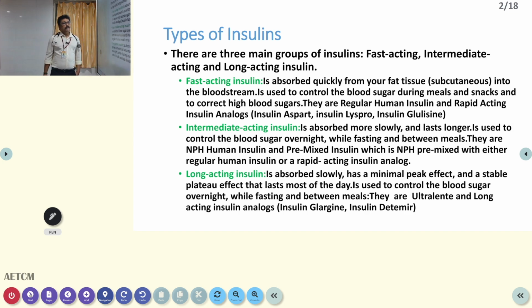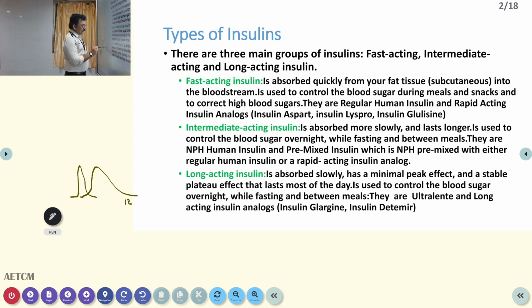So there are three different types of insulin. One is fast acting. For example, you give insulin and within half an hour the peak action occurs. Within a maximum of 1 or 2 hours, and up to 6 hours, the action will come down. Then intermediate acting means it acts for a little more time, maybe 12 hours.